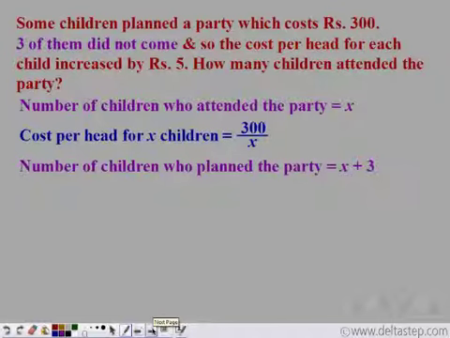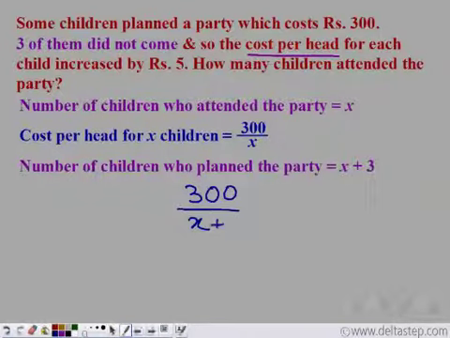And so the cost per head. Again, we need to find the cost per head for the party for X plus 3 children. For X plus 3 children, the cost per head will be 300 divided by X plus 3.